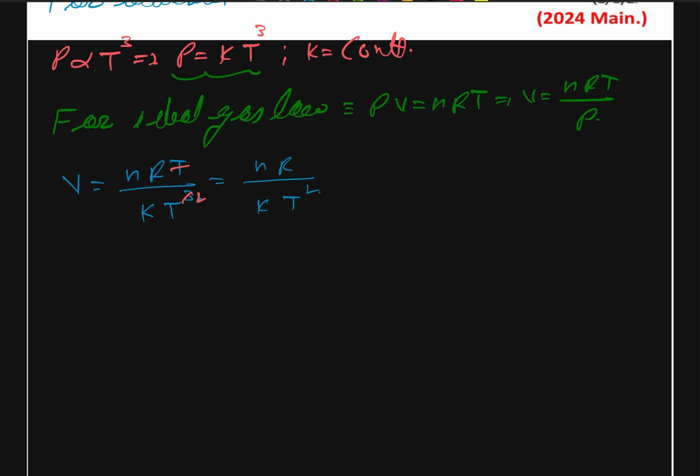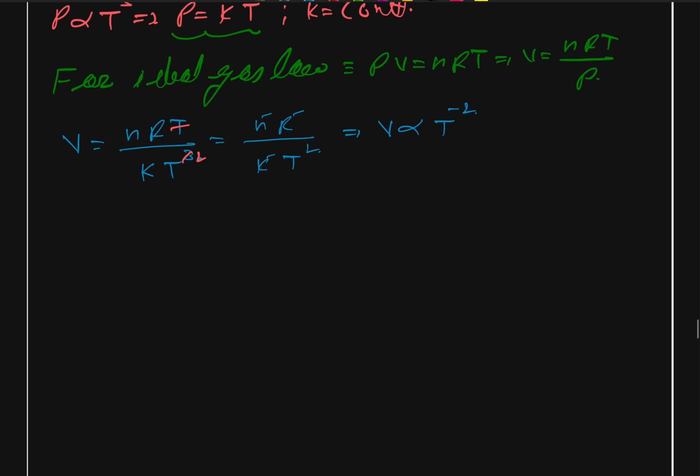From here also we can write, because our K is constant, N is constant, R is constant, so we can say V is proportional to T raised to power minus 2. So we can use in the adiabatic process that the product is equal to constant.